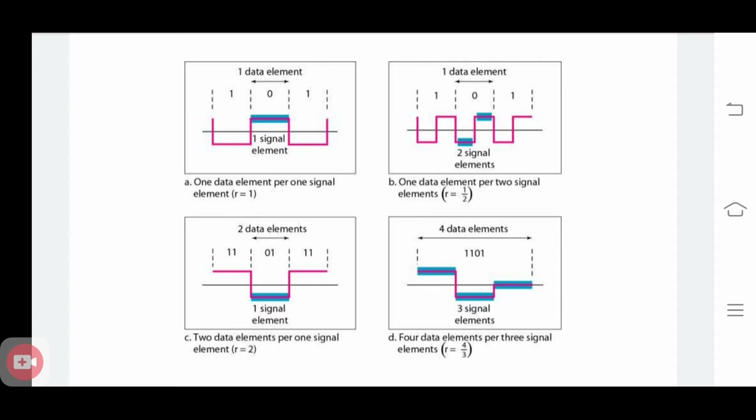So by using the two signal elements we can represent one data element, right? In the next figure you can see two data elements are there, 0 1, but by using one signal element we can represent the 0 1, right?